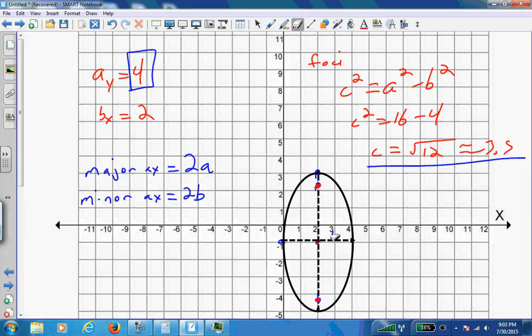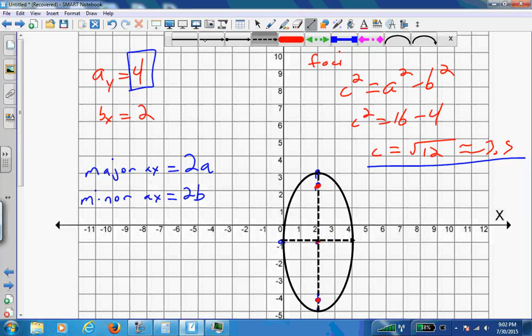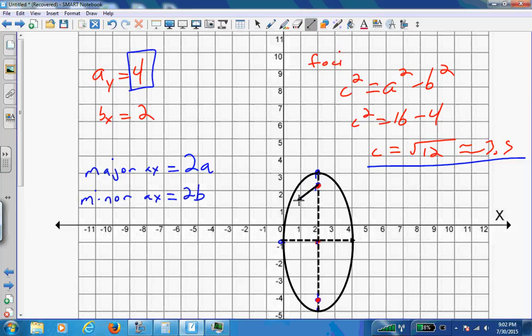Now, one interesting thing about the foci is if we measure from one focus to a point on the ellipse to the other focus, and add those 2 distances up, that total distance is a constant for a given ellipse.